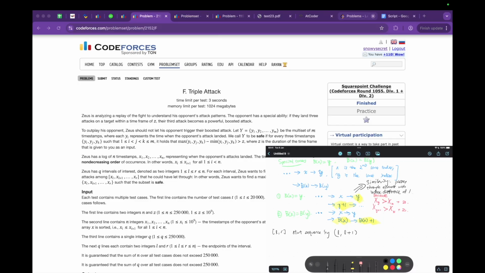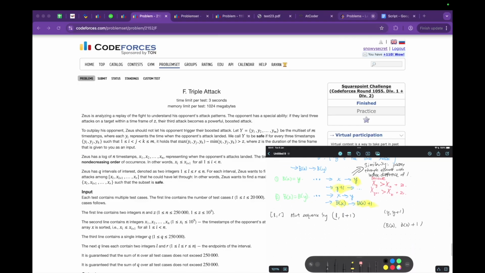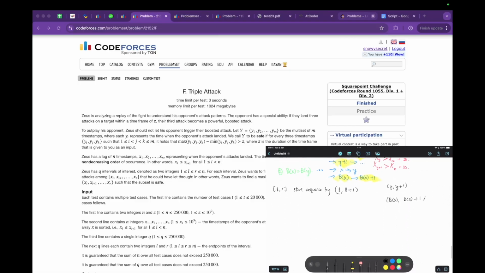And in these two special cases, we will need to handle them by these special values and bx plus 1. So what's going to happen is that we will simulate what happens when we toss L and L plus 1 in.